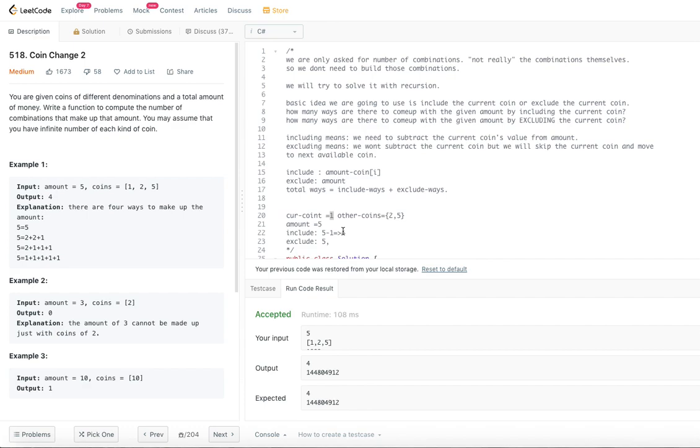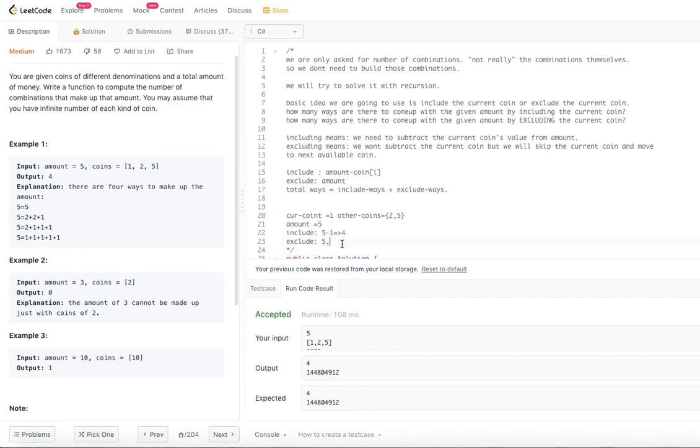So just trying to generalize this, let's say the current coin index is 0, and the other coin indices are 1 and 2, since we have 3 things: 0, 1 and 2.